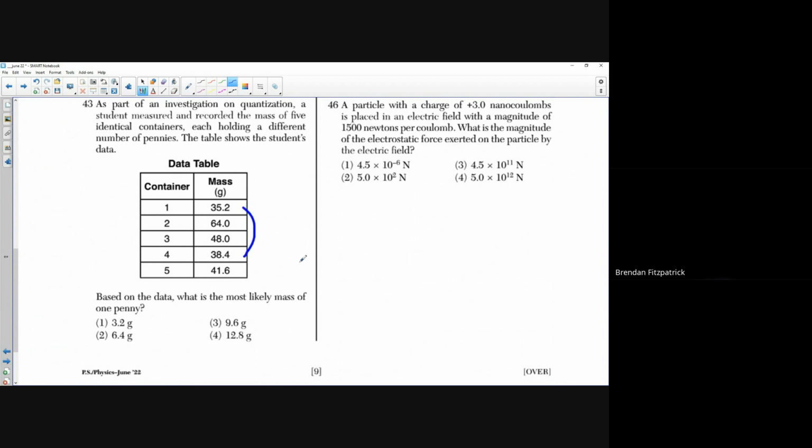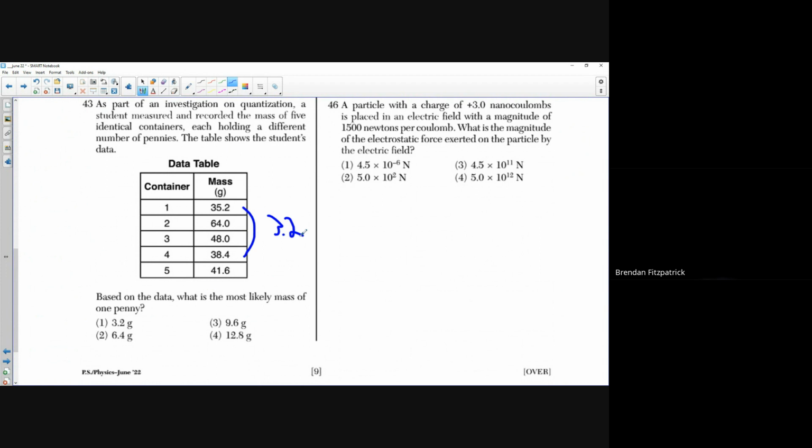Between these two containers, 35.2 and 38.4, that's a difference of 3.2. All these numbers are divisible by 3.2, so that could be the weight of a penny.